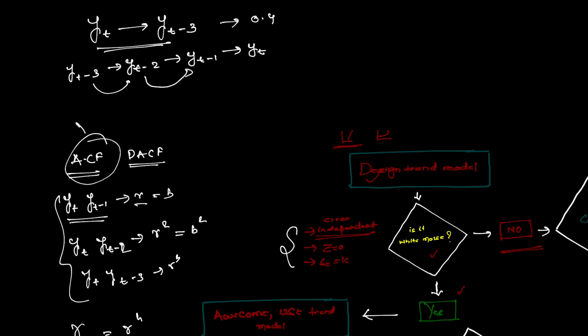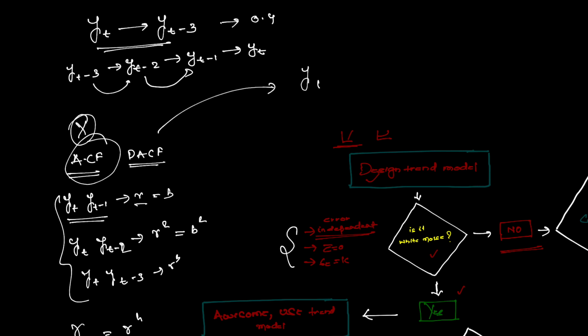And ACF is not sufficient to provide it, because ACF will give you that dirty correlation between yt and yt minus 3, where there would be a component of correlation of yt minus 2, the dirtiness of yt minus 2 impacting yt minus 1, and then yt minus 1 impacting yt, or yt minus 1 is impacting yt minus 2 and yt minus 3, and so forth. For that, we go for PACF.